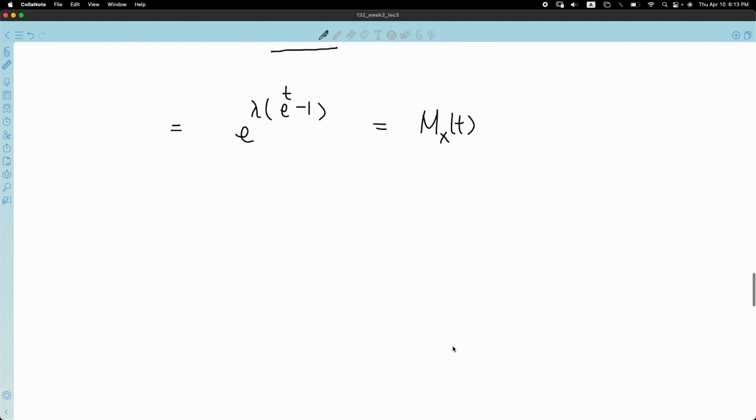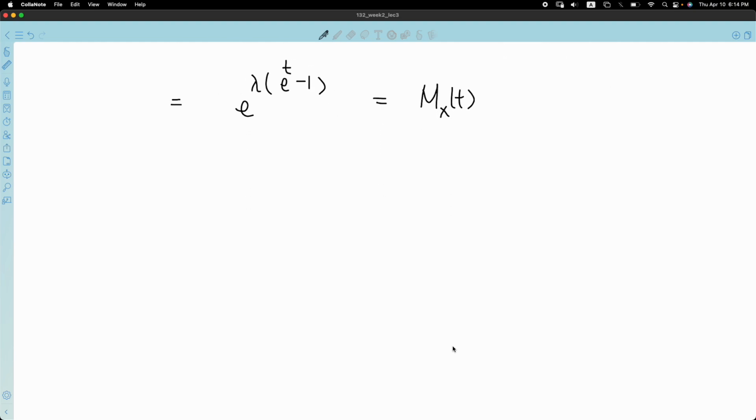Next, to evaluate the first moment, second moment, let's take the derivative. So E of X is equal to the first order derivative at t equal to 0. Can someone tell me what is the derivative of this with respect to t?